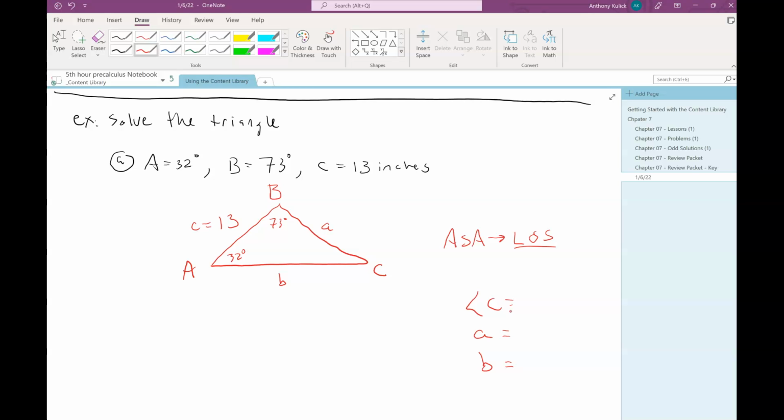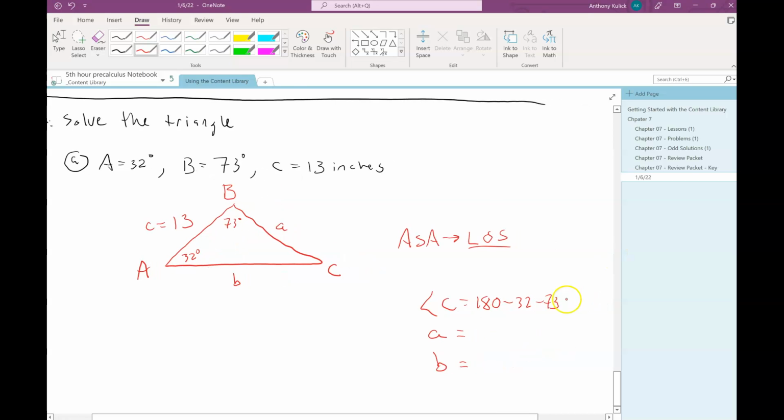We have the other two angles. So that's just 75 degrees. Feel good? Okay.